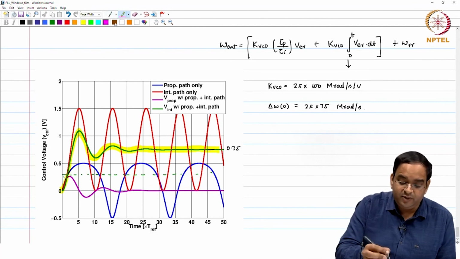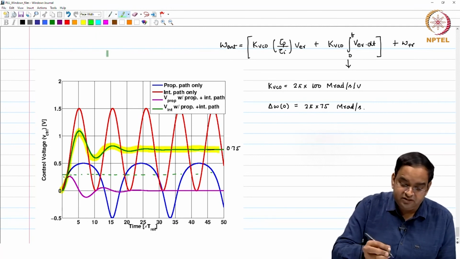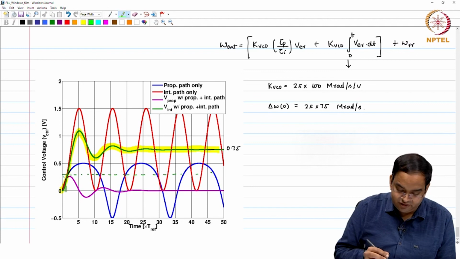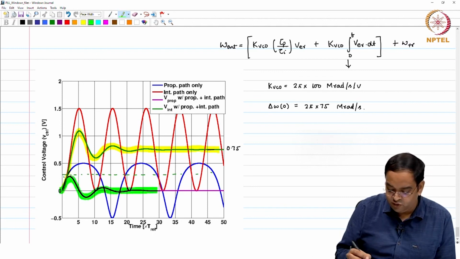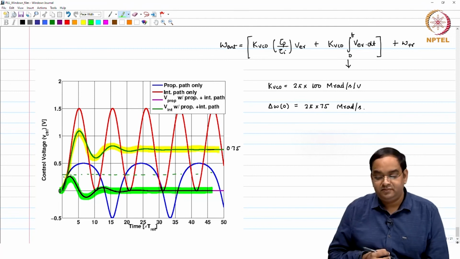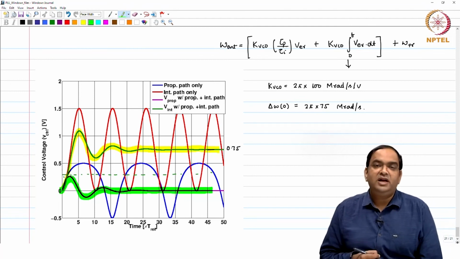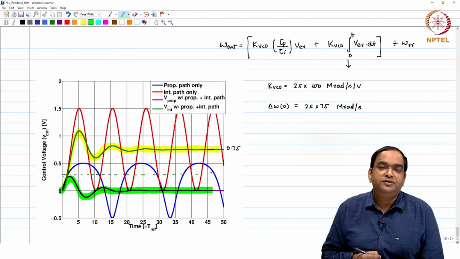And along the proportional path, what you are seeing is that the phase error actually changes and finally settles to 0. And whatever the integral path value you have, that compensates for the initial frequency error.